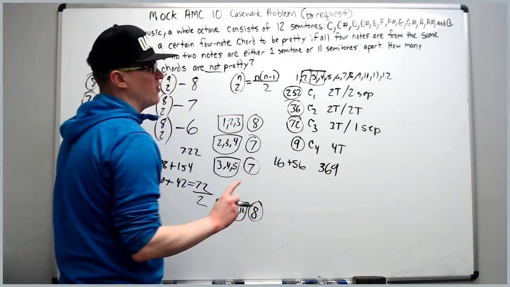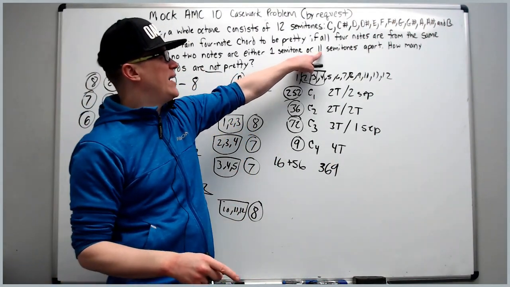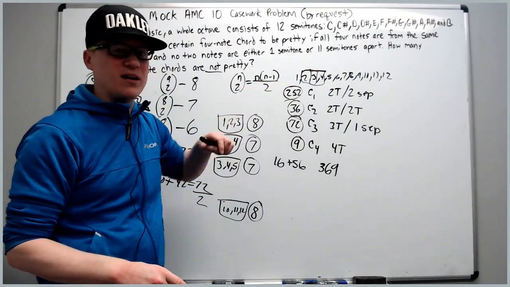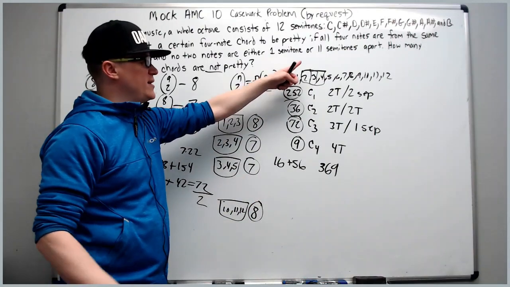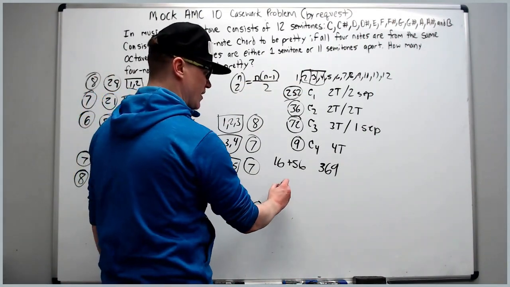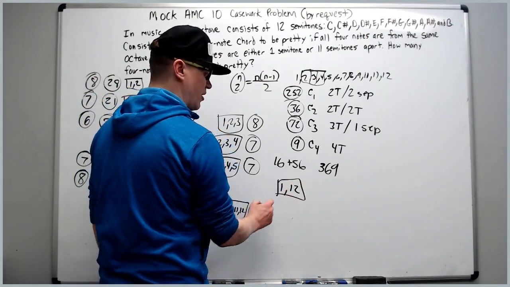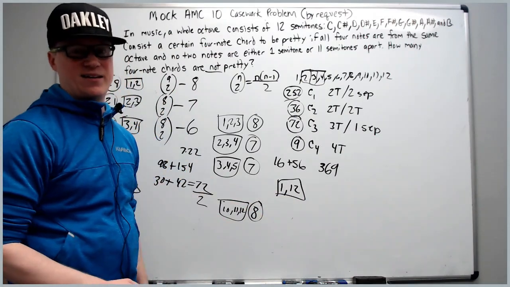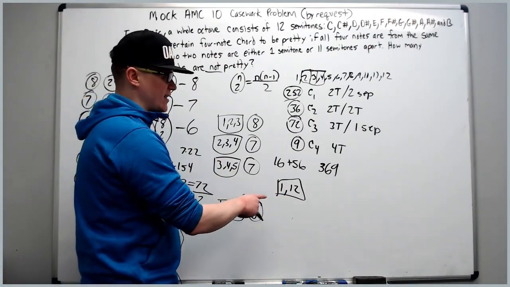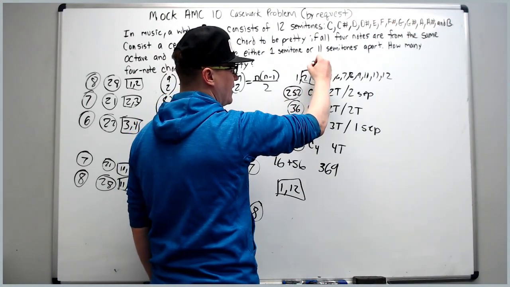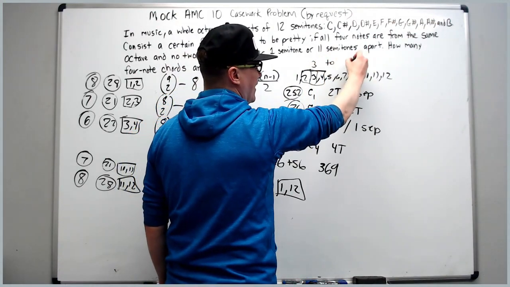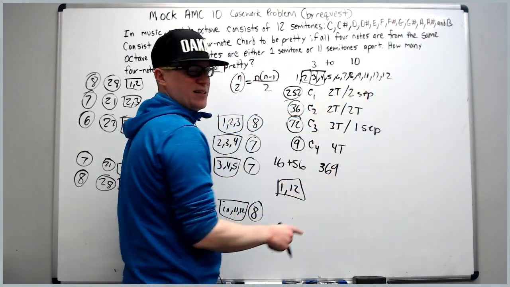And we need to now consider all the ones that are 11 semitones apart that we did not already count here. Well, the only ones that are 11 semitones apart is if 1 and 12 are part of our set. And so we just need to consider all the cases from 3 to 10, because we can't have 11 as part of the set.